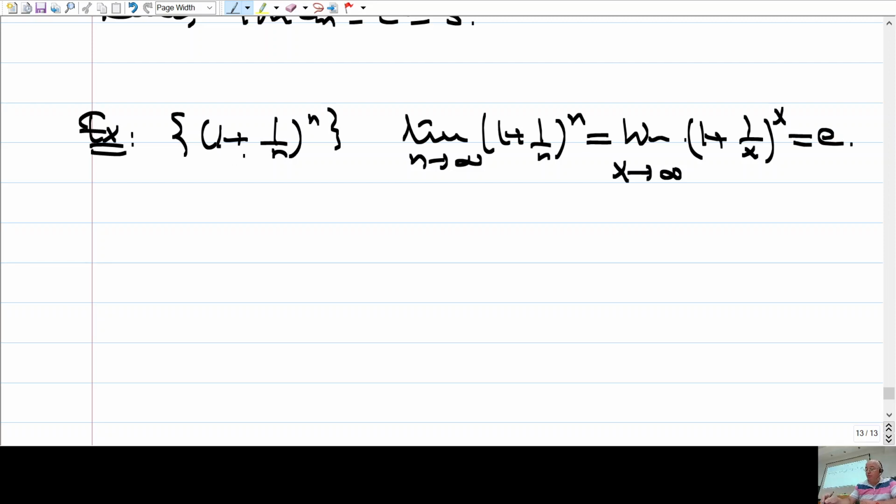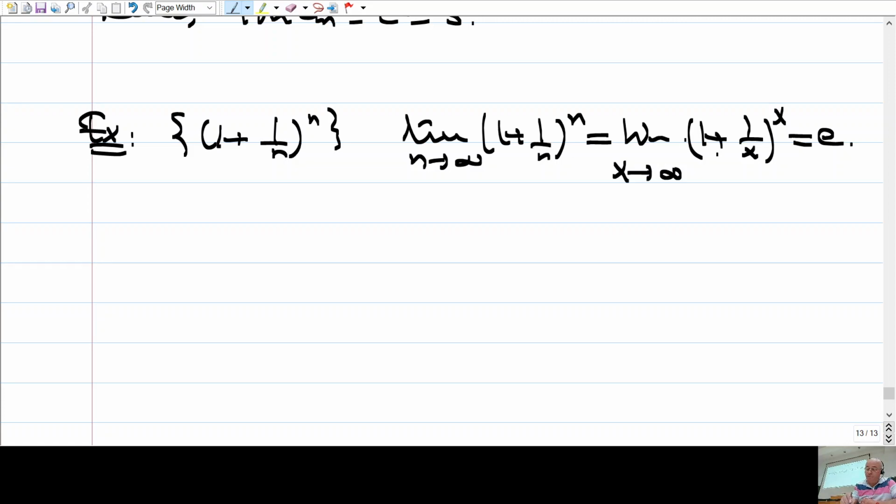So if your sequence is given by a function like this one, and if this function has a limit at infinity, then your sequence has a limit as n goes to infinity, and that's just the limit of the function at infinity.